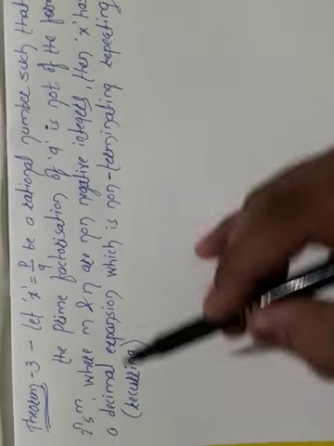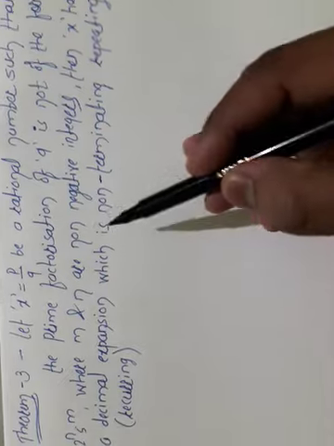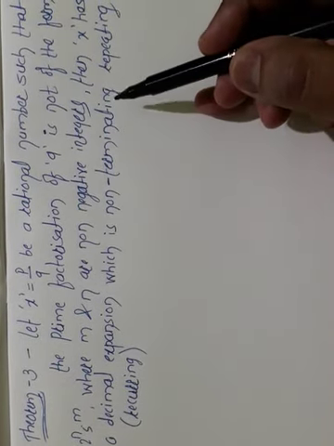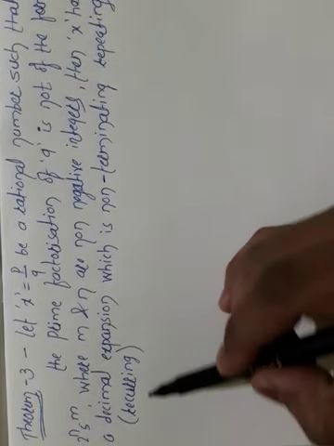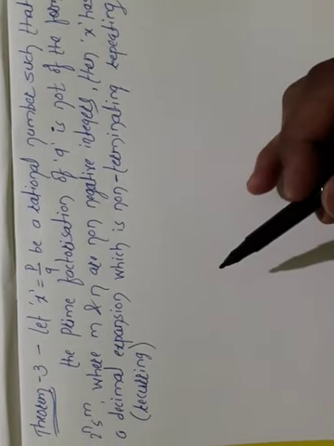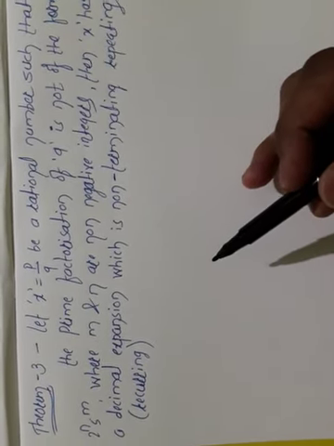Then x has a decimal expansion which is non-terminating repeating. Non-terminating repeating, we can say recurring. I am going to explain this theorem.